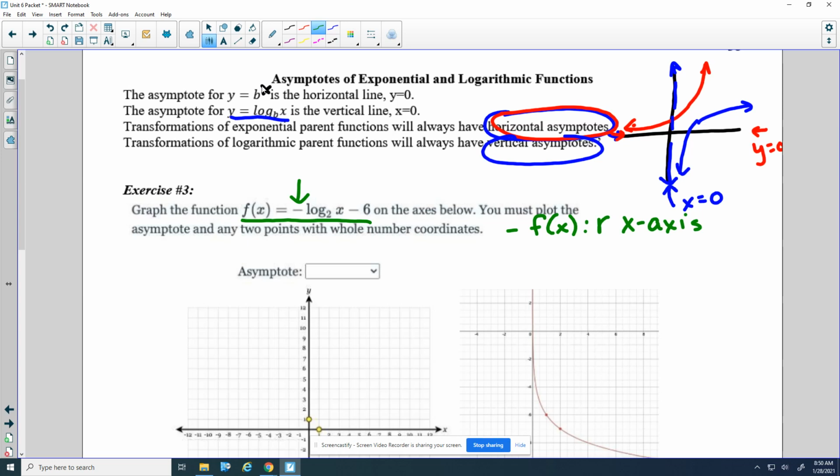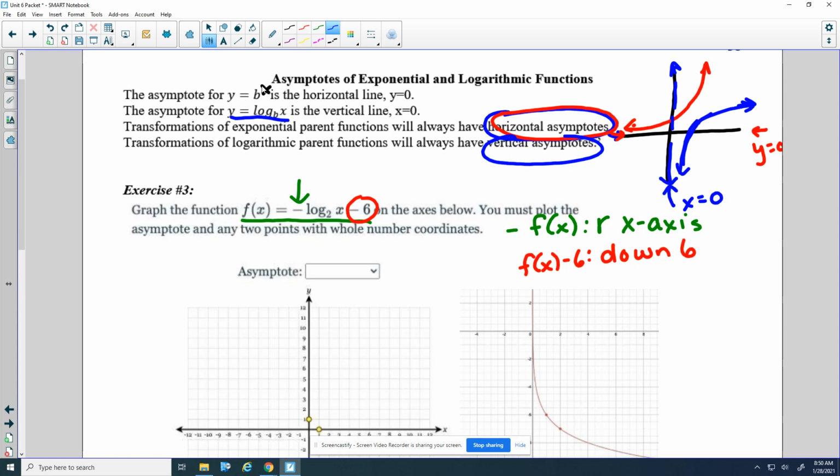And then if we tack a -6 on the end of the graph, we do f of x - 6, that's a down 6. So we should be seeing those things when we look at this graph. If we think about our logarithmic parent function, we should see it flipping over the x-axis and then moving down.